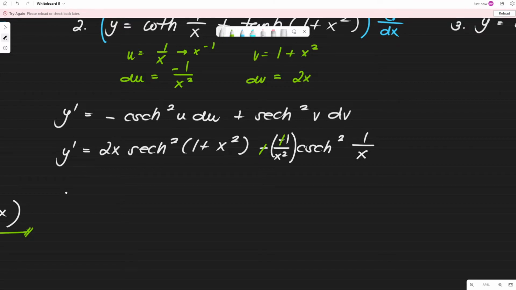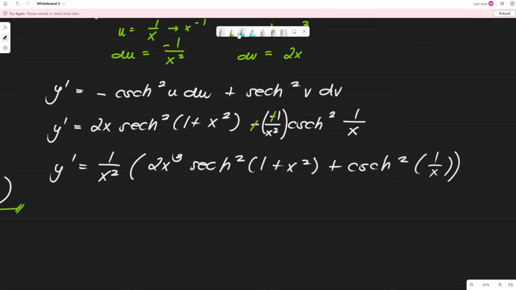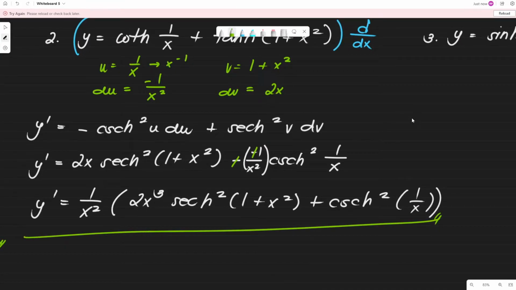Okay, so we'll have y prime is equal to 1 over x squared times 2x cubed sech squared times 1 plus x squared plus 1 over x. Okay, and this is our final answer. So again, I just factored out 1 over x squared. Okay? So, basic na basic.